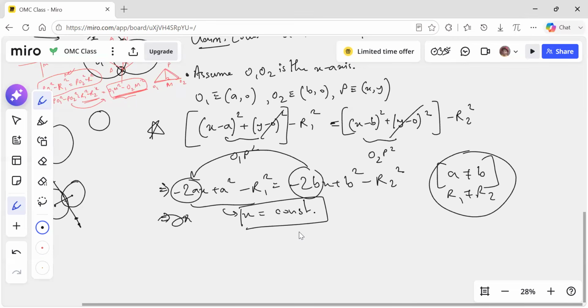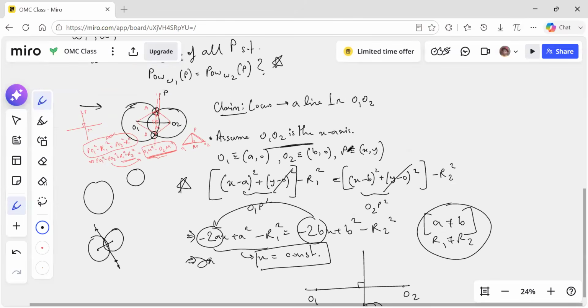So since x is constant and it is independent of y, this locus will be a perpendicular line to the x-axis with a constant x value. And since my x-axis was the line O1O2, the locus is a perpendicular line to the line joining the centers. So that proves the claim.